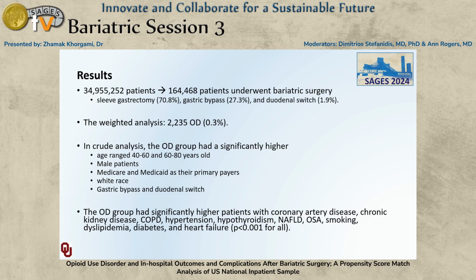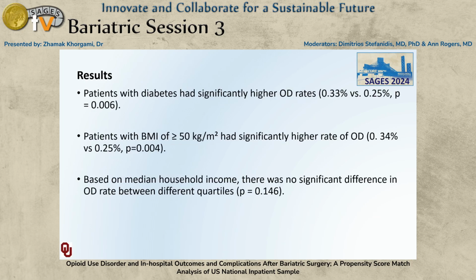Also, the opioid patients had more comorbidities, as you see in the last line, coronary artery disease, kidney disease, and all those. Patients with diabetes also had more opioid-related disorder, and BMI above 50 as well.